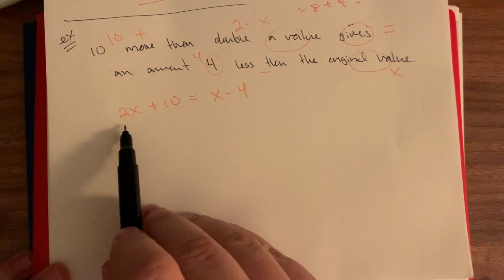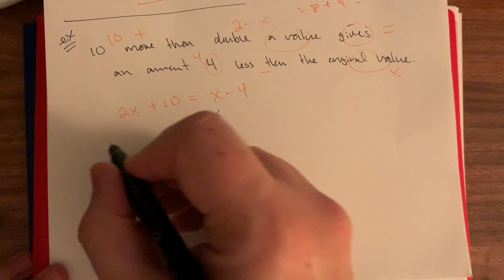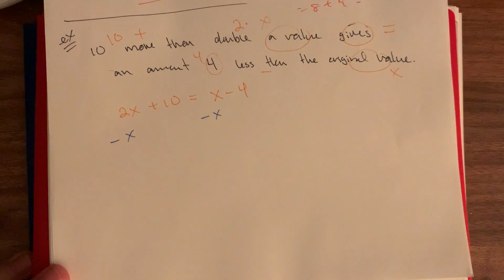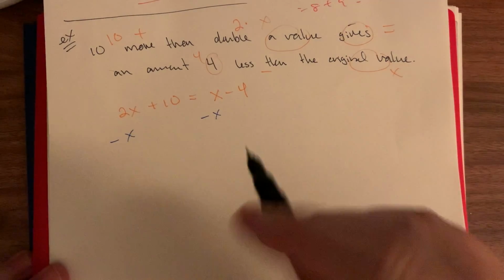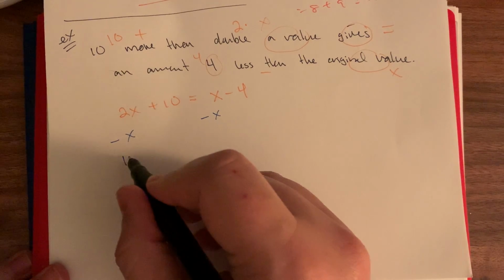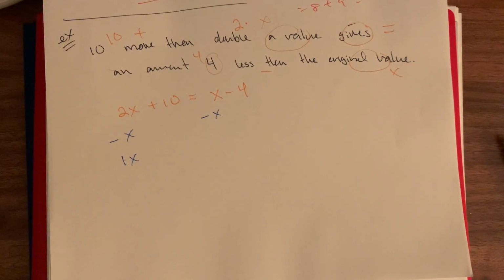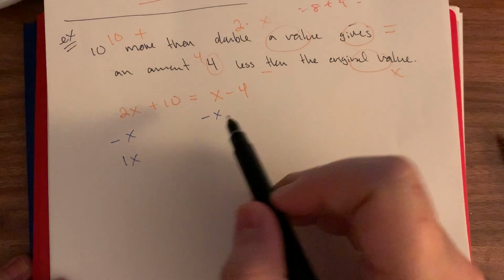In this case, I've got 2x here and 1x here. I would rather subtract the 1x from both sides, right? So let's get rid of the x over here. 2 minus 1 would leave me with 1x, aka x. That means if I've got x's to the left, I need numbers to the right.